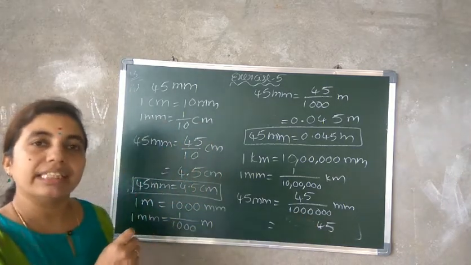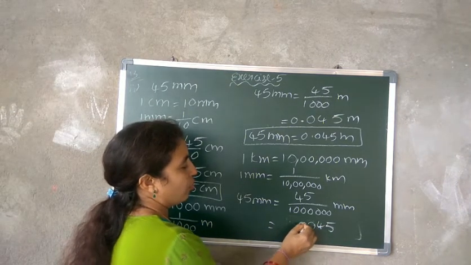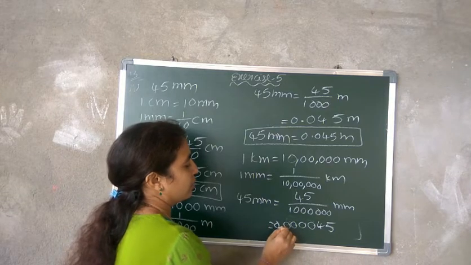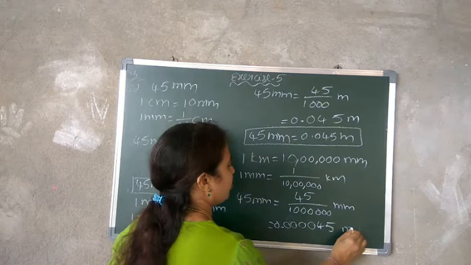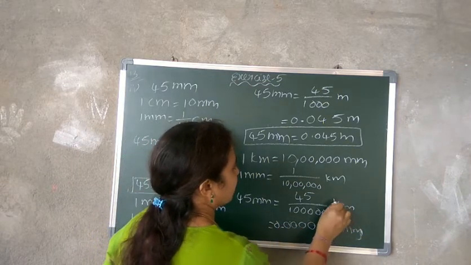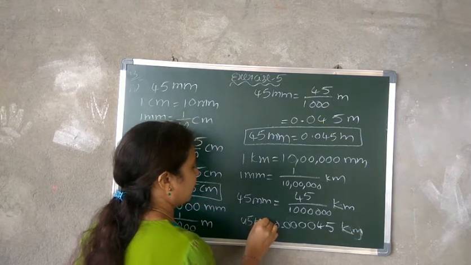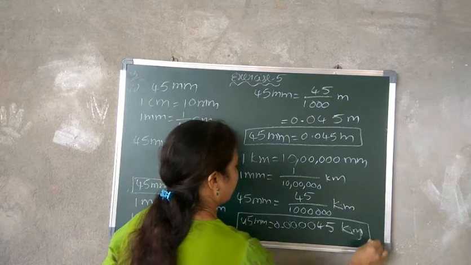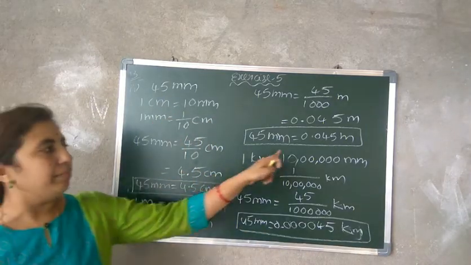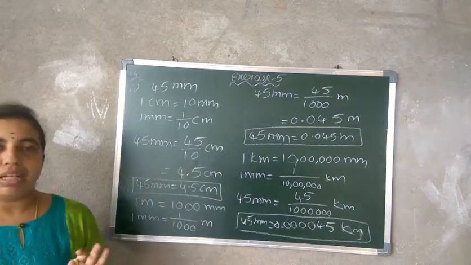So before 6 digits you have to keep the decimal. So we have converted 45 millimeters to centimeters and then meters and then kilometers. All are in decimal form.